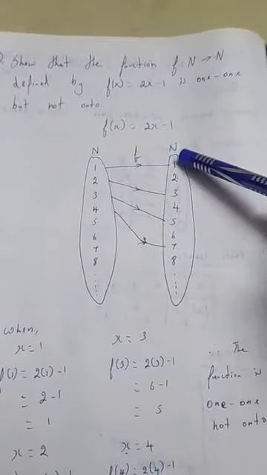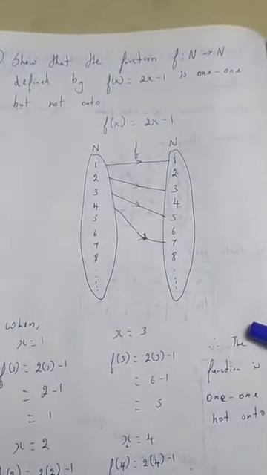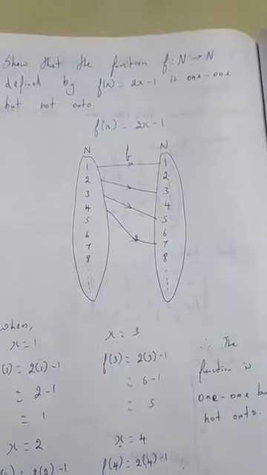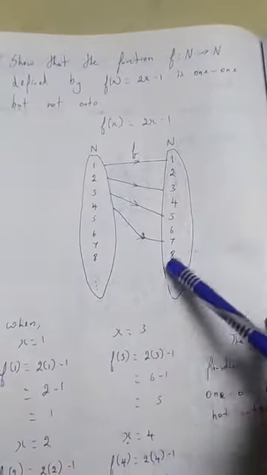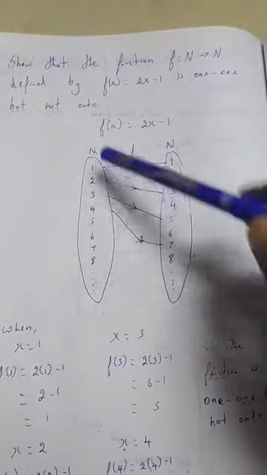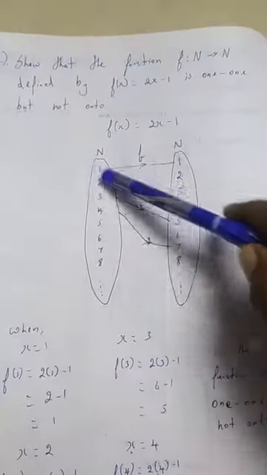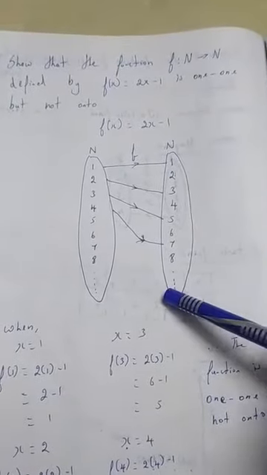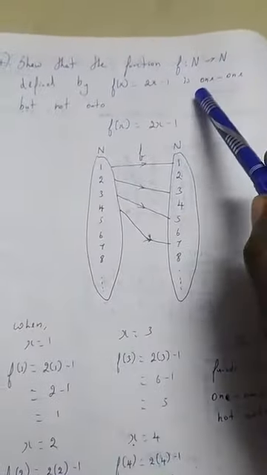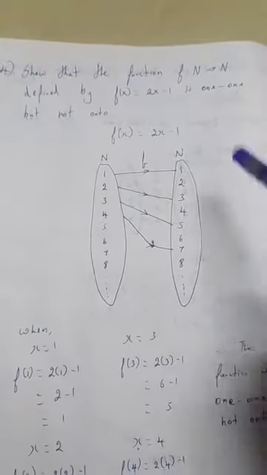So what are the images? 1, 3, 5 and 7. Here the images are unique. Images are distinct, different, right? Therefore it is a 1 to 1 function. All the elements in the domain have different images in set B. Therefore it is a 1 to 1 function. So the first one is proved.